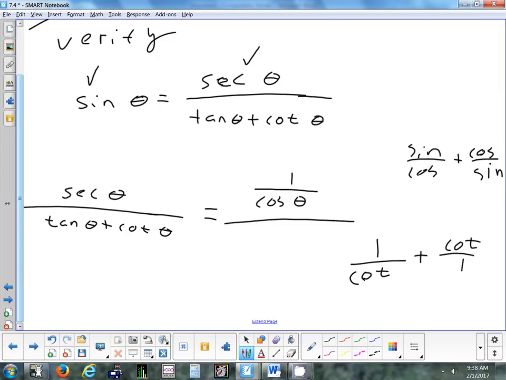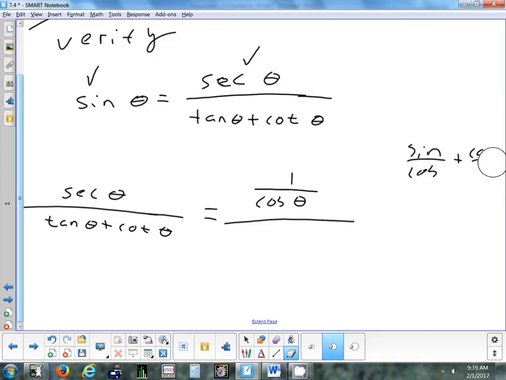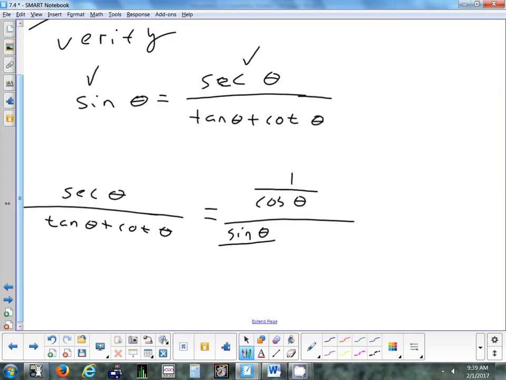Let's do it that way. Again, it's your choice, but it's kind of tough to figure out which way is always going to be better. So let's try writing everything as sines and cosines. Okay, so I've got sine over cosine plus cosine over sine. Any question on that stuff?